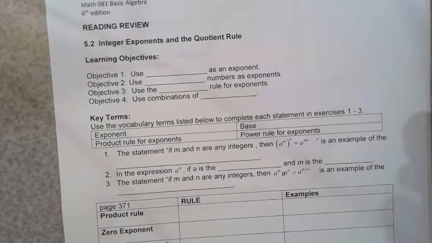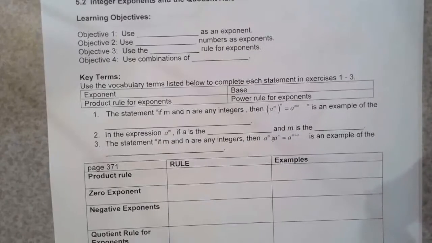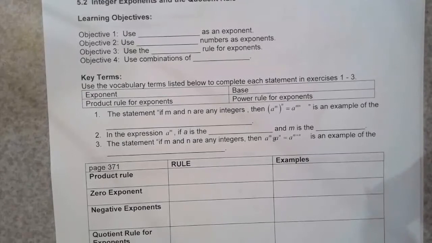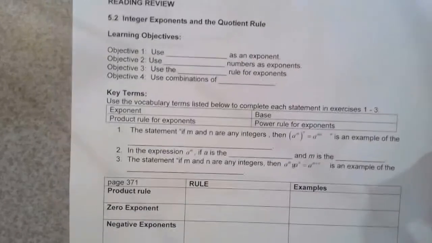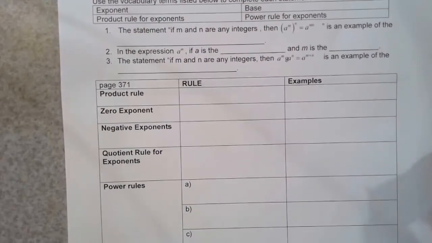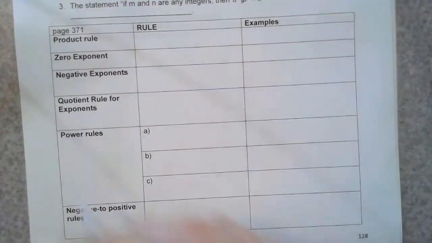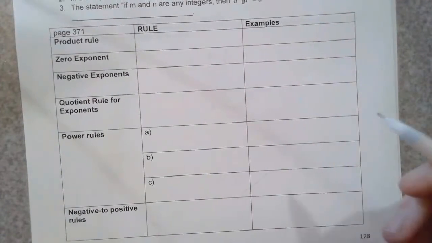Unfortunately, if you have not read and filled out this sheet, you need to pause the video and go do that and come back. So please go read section 5.2. Fill in this notes page. It's important that you get this part with all these rules down here. This is going to be important for you later.